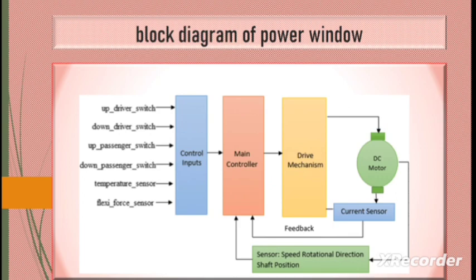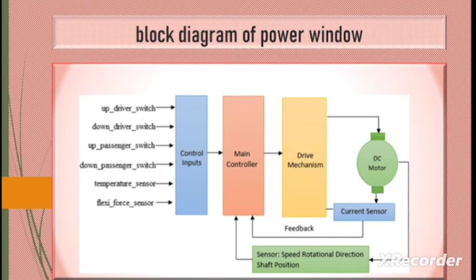Main controller, also known as the power window control module. It is responsible for interpreting the control unit signal and generating the appropriate command signals for the power window motor. It may also incorporate safety features such as preventing the window from closing if it detects an obstruction.